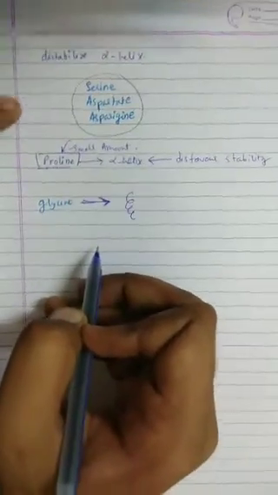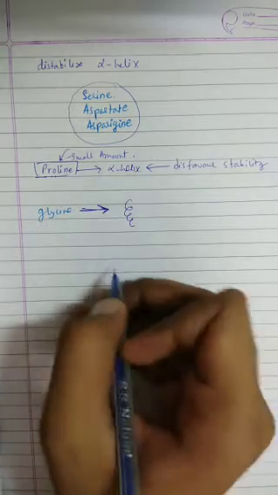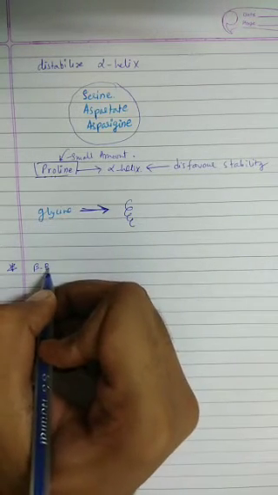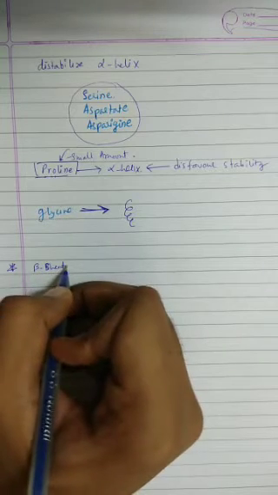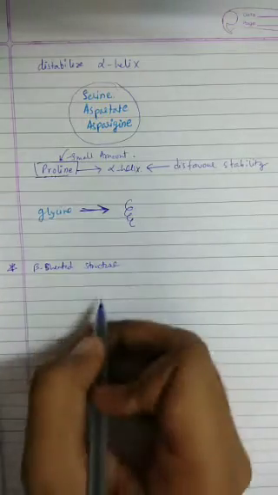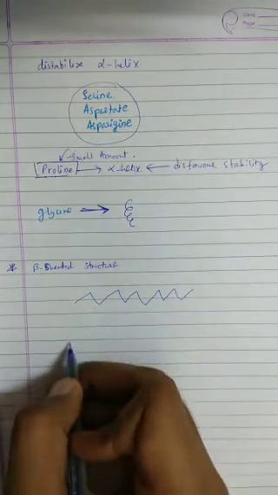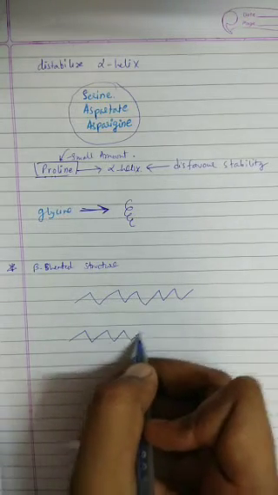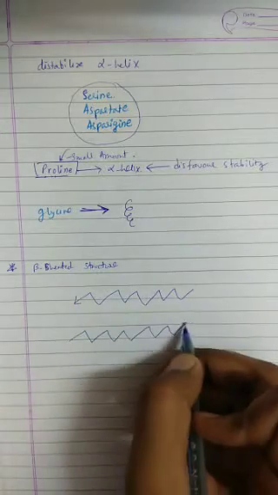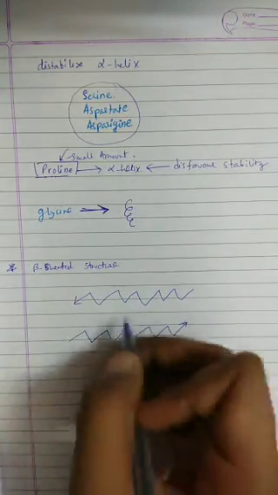Now in the beta pleated structure, it is the orientation in the space. They may run parallel or anti-parallel with each other.